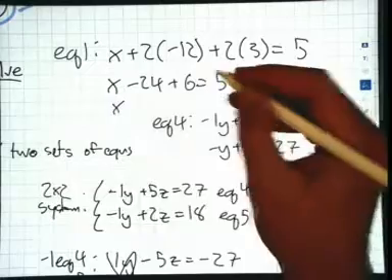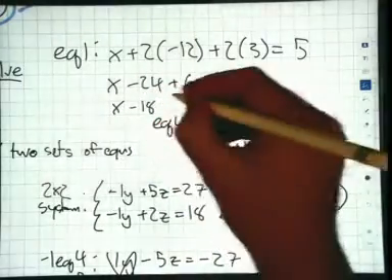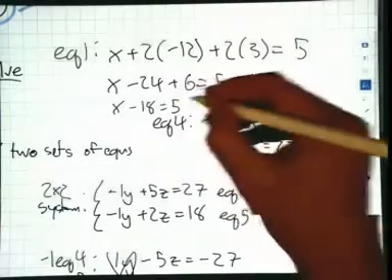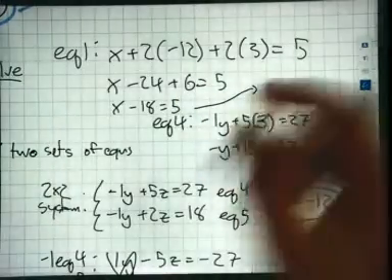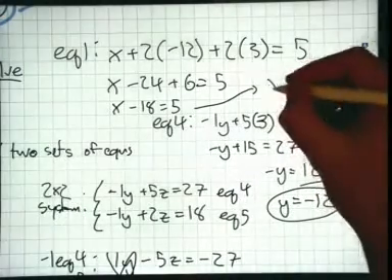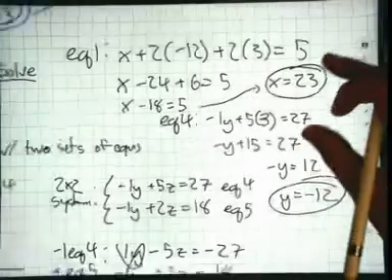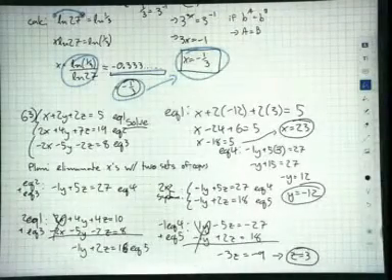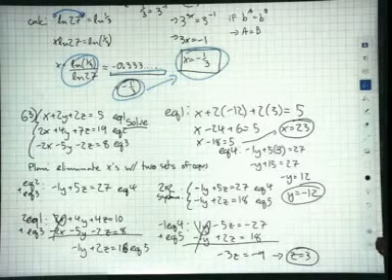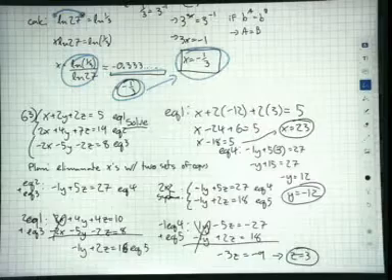So we have x minus 18 is equal to 5. So we're going to add 18 to both sides. X is equal to 23. And there we go. X, Y, and Z. That lines up with the answer key.